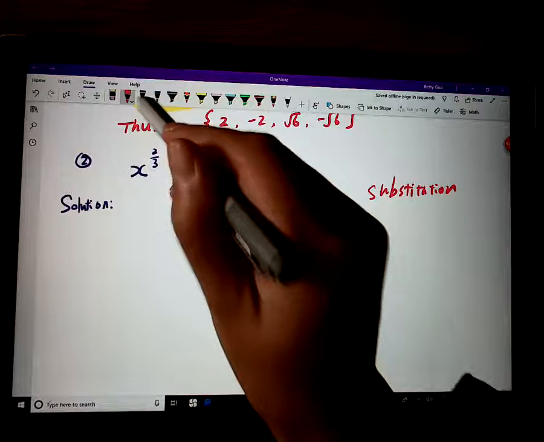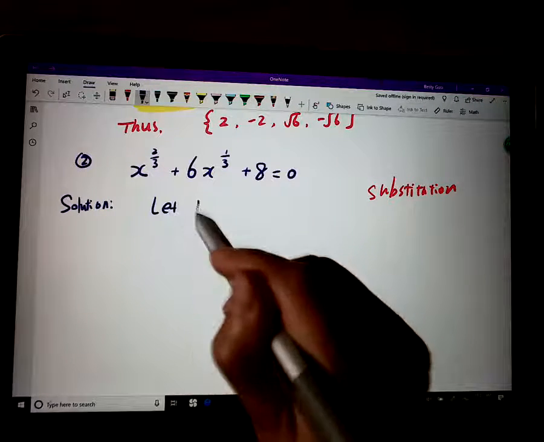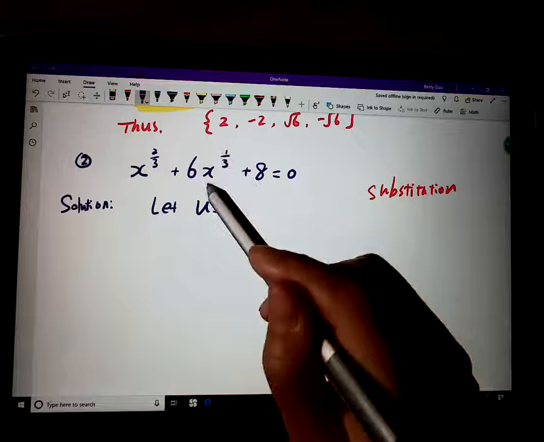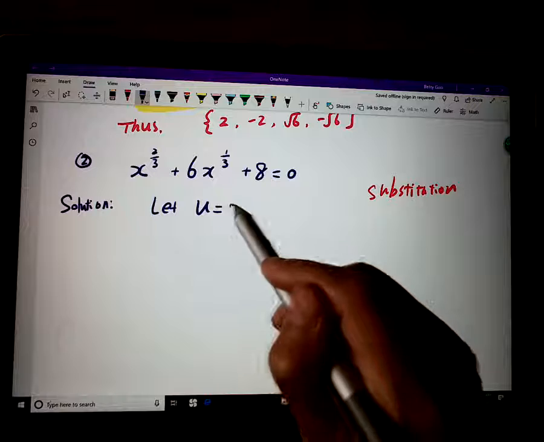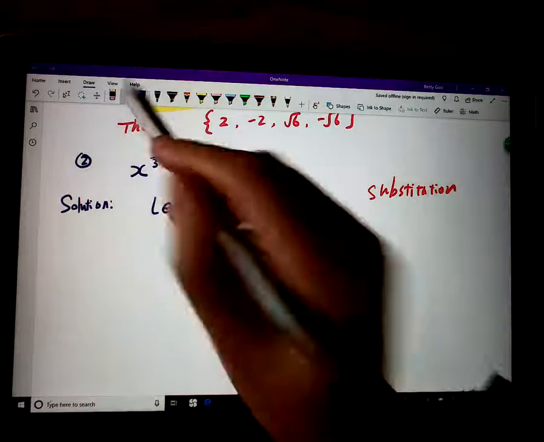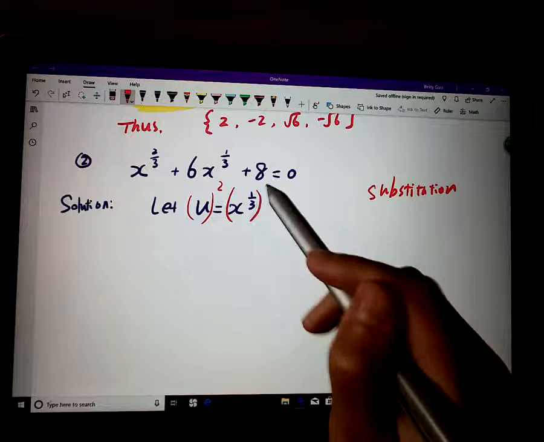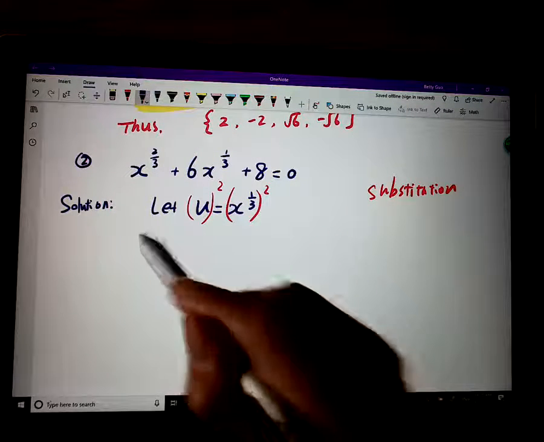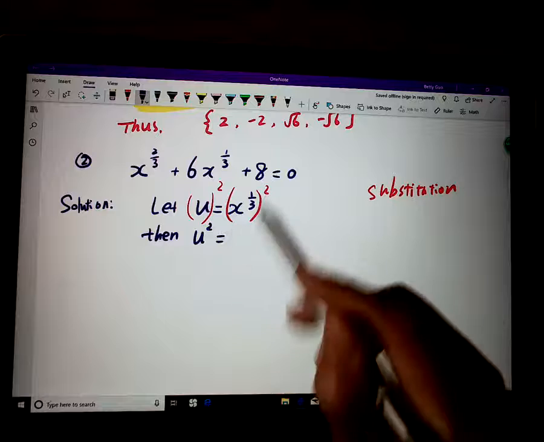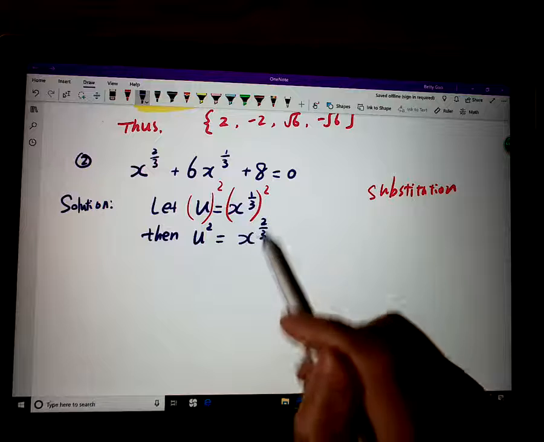This time I'm gonna let u be the variable part in the middle term, which is x to the power of 1/3. Alright? So we do the same thing. If we square both sides, we would have u squared on the left equals x to the power of 2/3 on the right. U squared equals x to the power of 2/3.